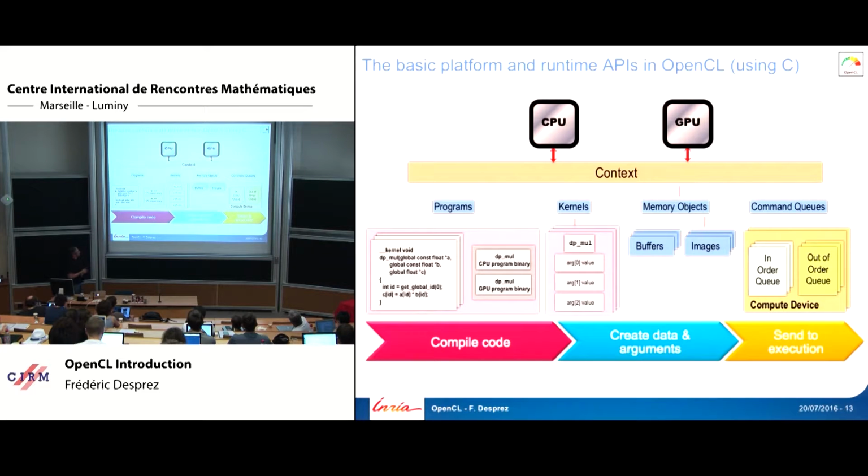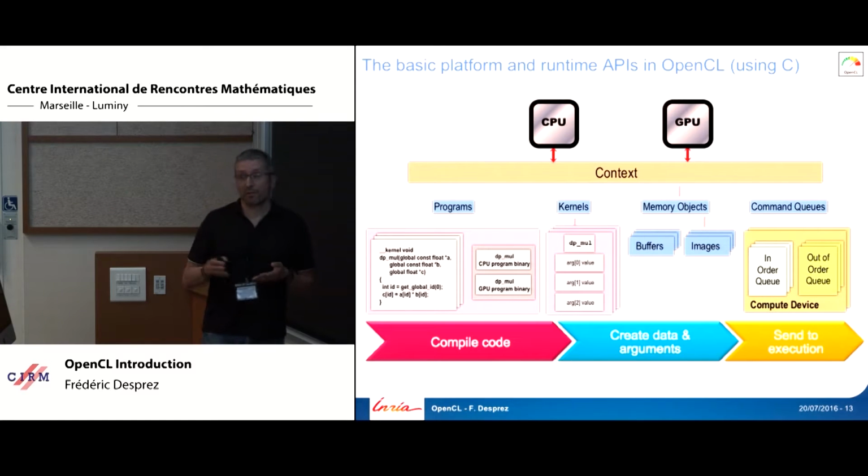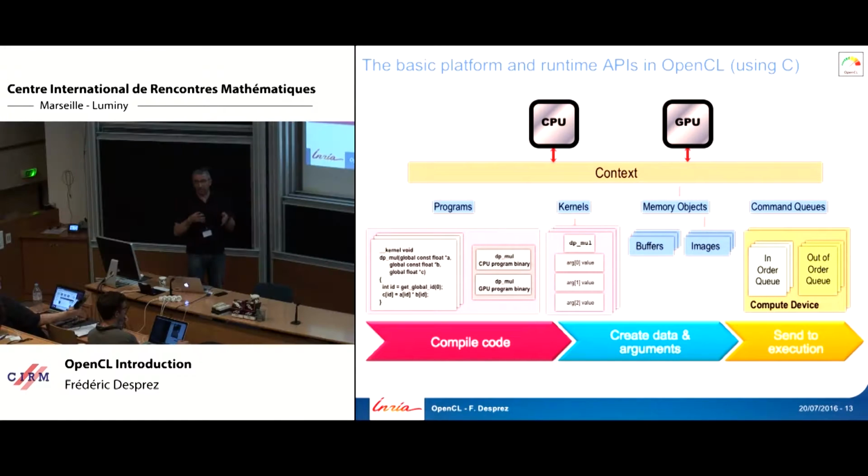You have memory objects, which can be buffers, images, and pipes. You have command queues to give orders to the device for execution. These queues can be in order or out of order, and you can have dependencies between the commands with events. You compile the code; this is a runtime compilation. You create the data and the arguments, and you send the execution to the devices.